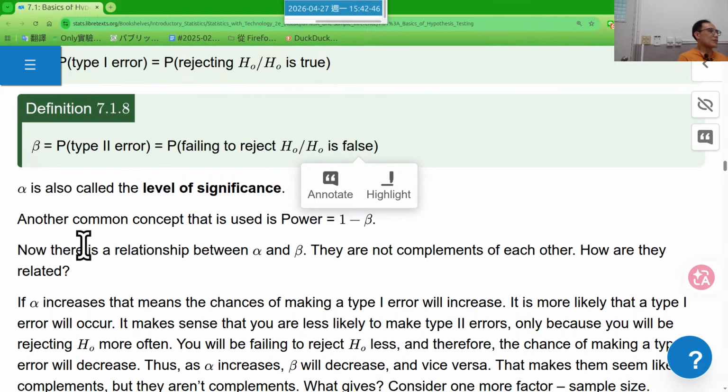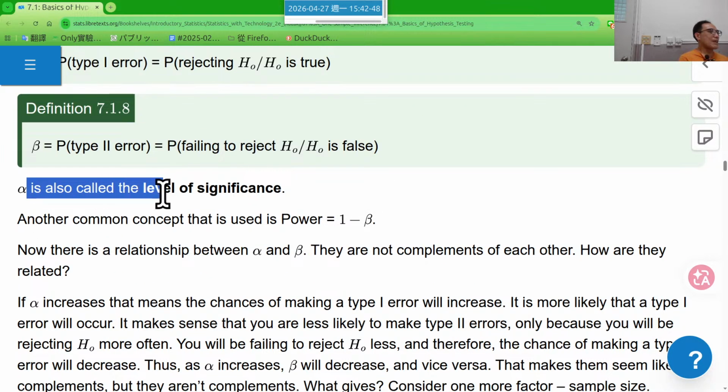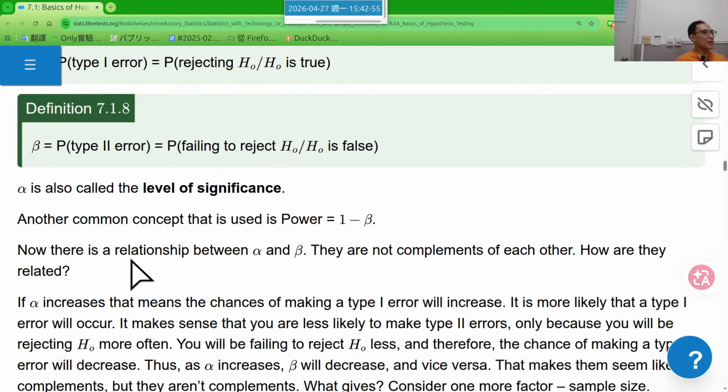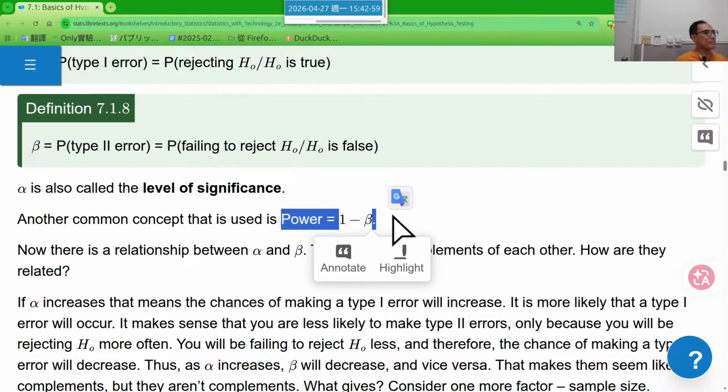Thus, alpha is also called the level of significance. Another common concept is the power, which is 1 minus beta.